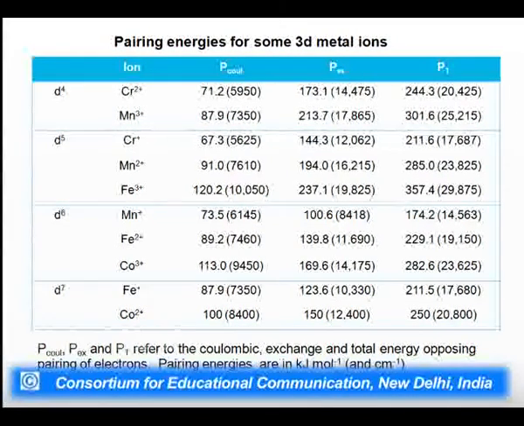Similarly, if we look at the ferric ion, the ferrous ion and the iron in +1 oxidation states, we see that the pairing energy increases as the oxidation state of the central metal increases. And on an average, the pairing energies are in the range of 40 to 200 kilojoules per mole.